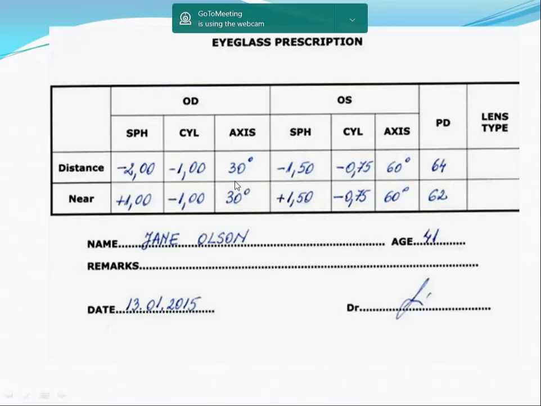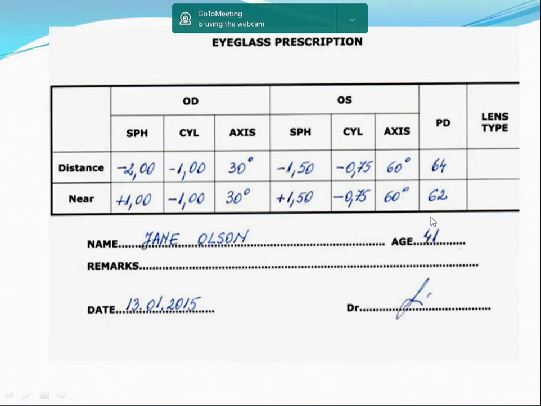And finally, what is this? This is how a glass prescription looks. Whenever you see somebody's glass prescription, there will be an indication of spherical, cylinder, and axis. This is for distant vision, and to this, near vision is added. There is a mistake here.